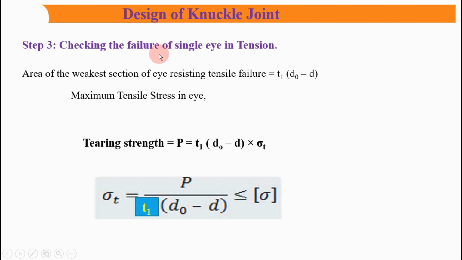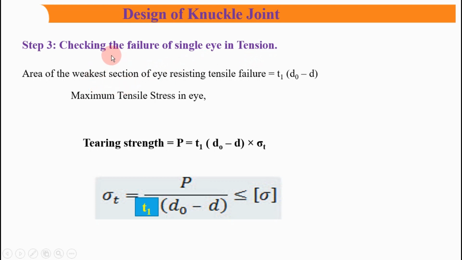So how you can remember is that in case of knuckle joint, if you want to design a knuckle joint, then keep one thing in your mind, that you need to check each and every part of the knuckle joint under 3 different failures, that is tensile failure, compressive failure, and shear failure, or you can say tension, crushing, and shear failure. So these 3 stresses you need to analyze while designing a knuckle joint.